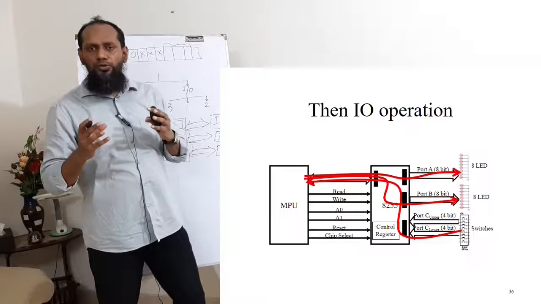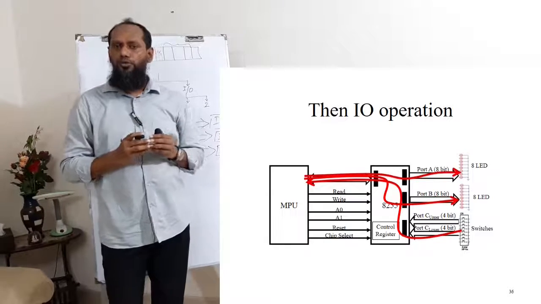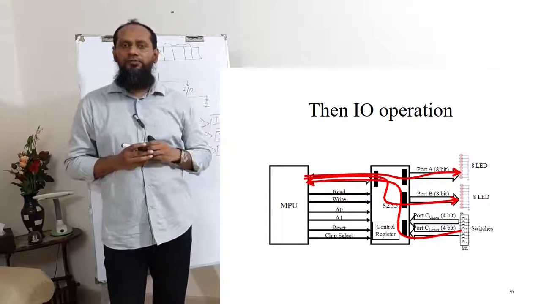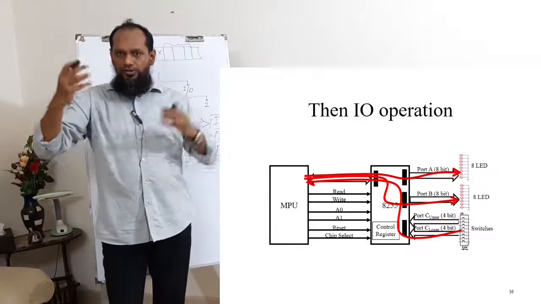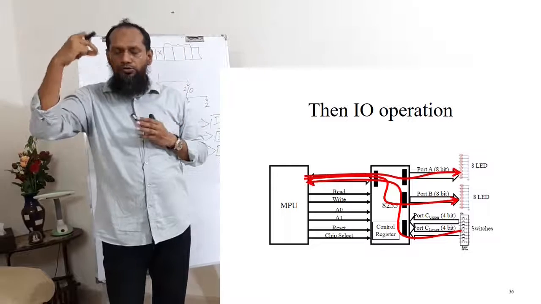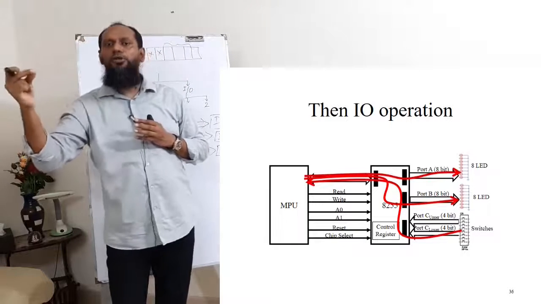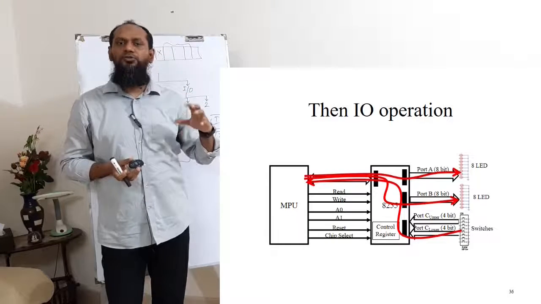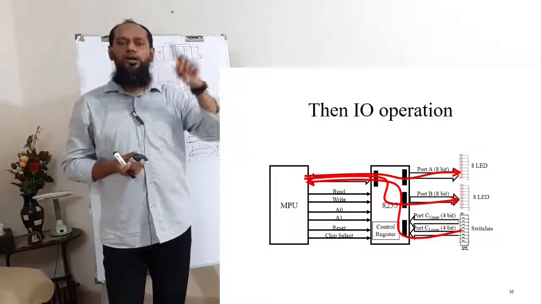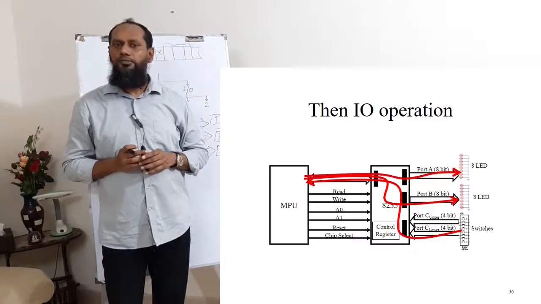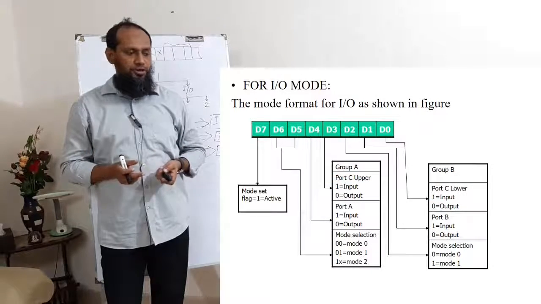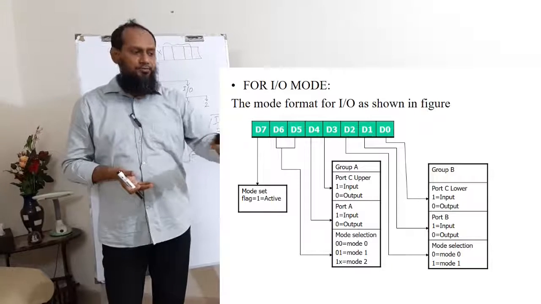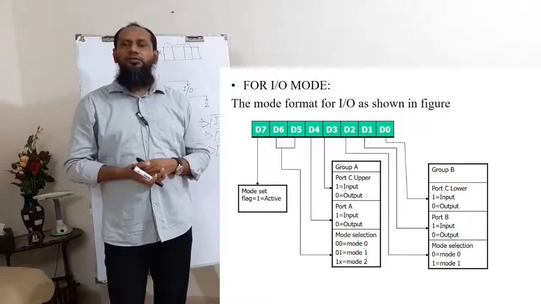Like if you want to use one keyboard and one printer with one 82C55, first we take the decision that we want to use that printer and keyboard on these ports. According to that decision, we have to set or configure the control word. That is the most important issue. So here is the IO operations format.